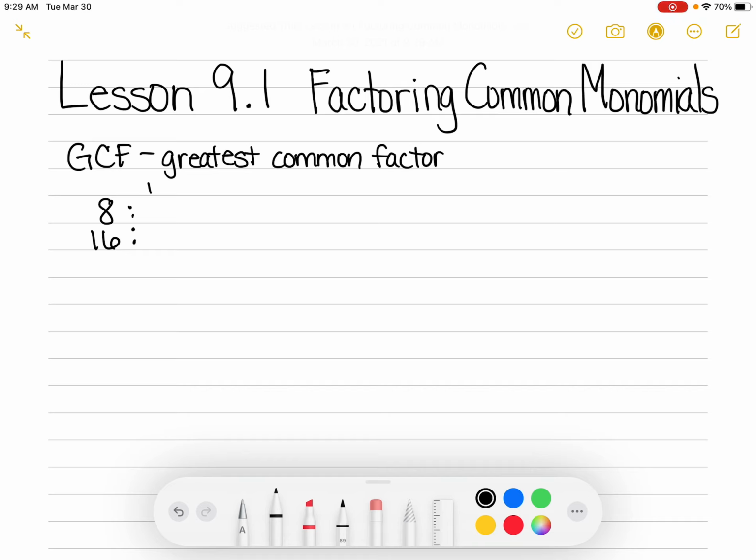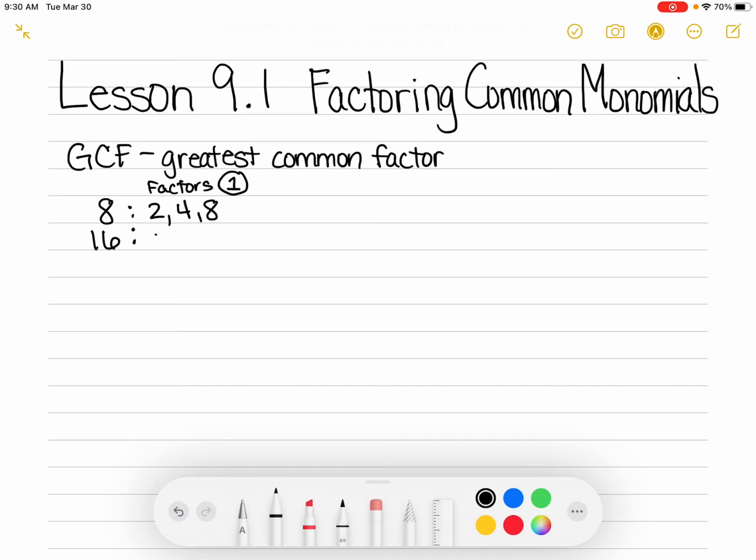So the factors for 8 would be 2, 4, and 8, right? So factors are numbers that 8 can be divided by and come out with no remainders, or numbers that when multiplied make 8. And one of these factors is 1, but we don't usually talk about the factor of 1 in algebra.